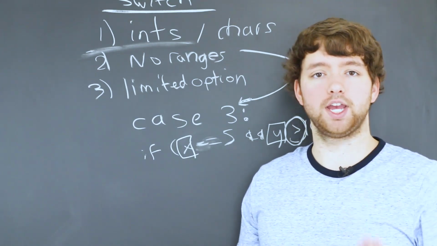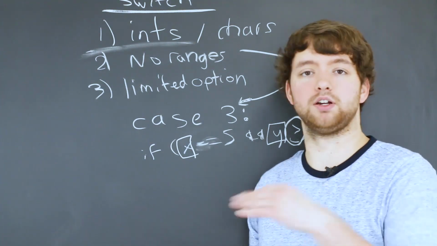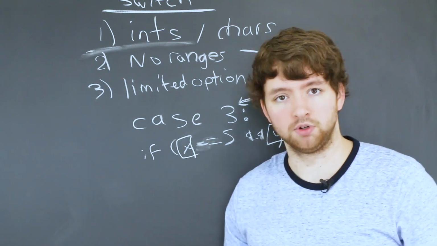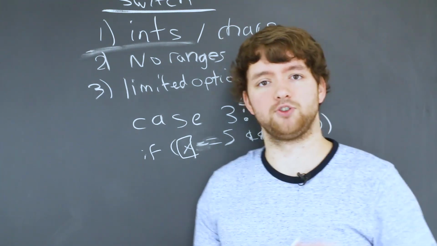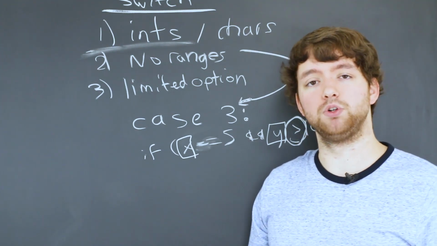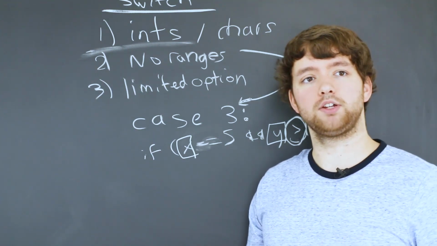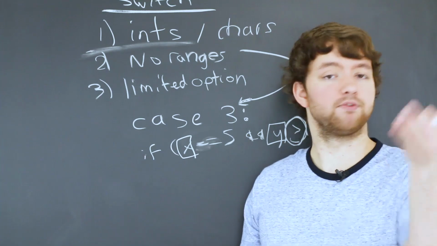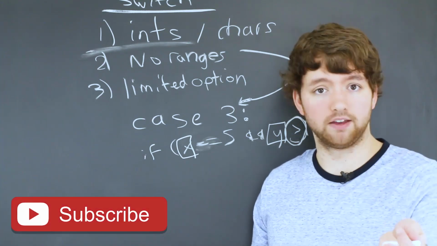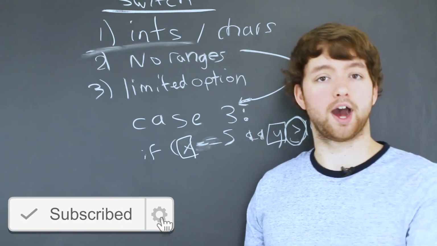The finite number of cases usually correlate to something where each one has some kind of meaning. A good example of this is a user menu. When you're writing a console application, you might start the application and ask the user, hey, would you like to load a file, or let's say it's a game, you could play the game from the beginning, or you could load a game, or you could save your game that you're working on, or you could exit, or you could look at high scores.